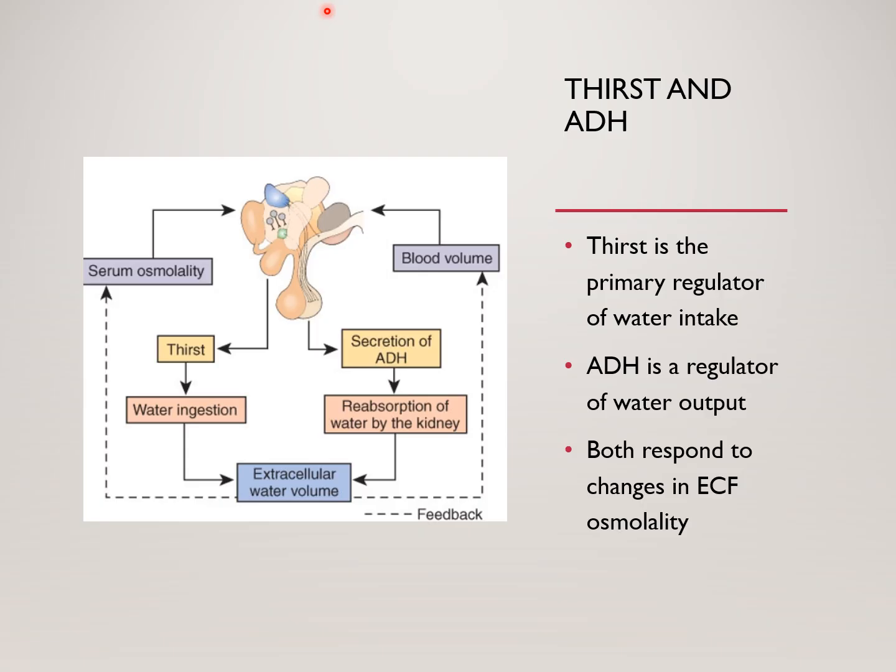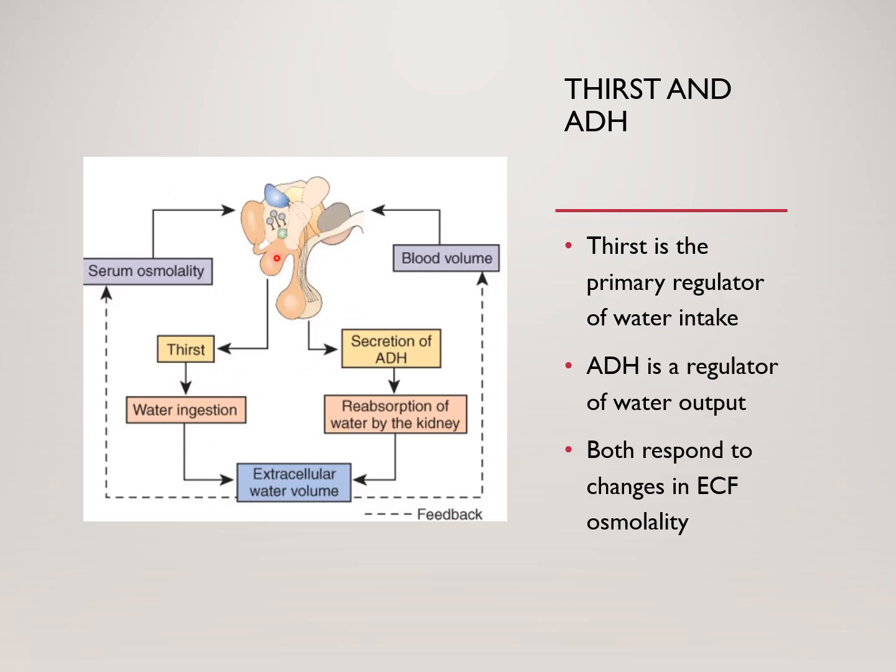Thirst is controlled by the thirst center within the hypothalamus, and there are two stimuli for true thirst based on water needs. One is cellular dehydration. That's caused when we have an increase in ECF osmolality that pulls fluid from the cells. And they also can respond to a decrease in blood volume, which may or may not be even associated with decreased serum osmolality, but will also stimulate that thirst center.